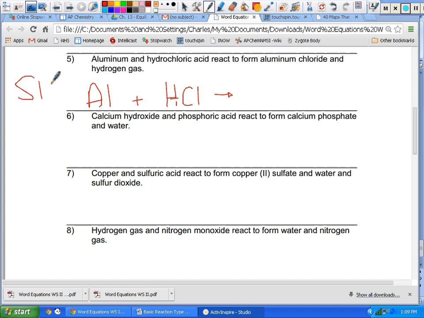Now, here's the deal. What must you look at in order to tell if a single replacement is even possible? Activity series. What are you going to be swapping Al with potentially? H. Why? H is a metal when it's with an acid. Very good. It acts as a cation. Is this even possible? Yes. Why? Exactly. Al is higher than H on that list. So this will work. So Al is now going to be with who?